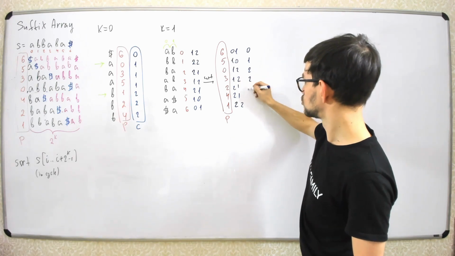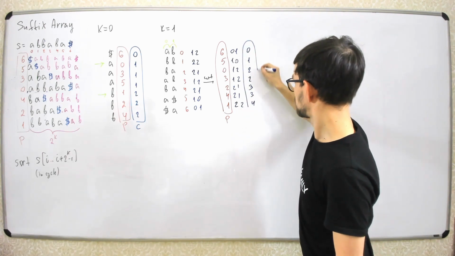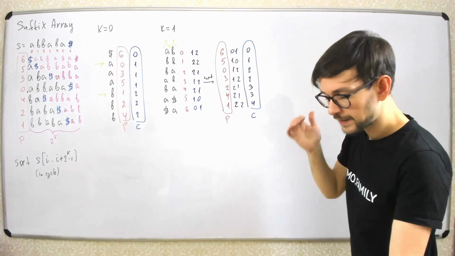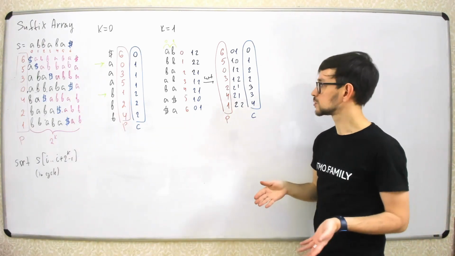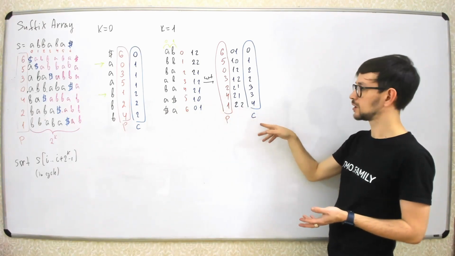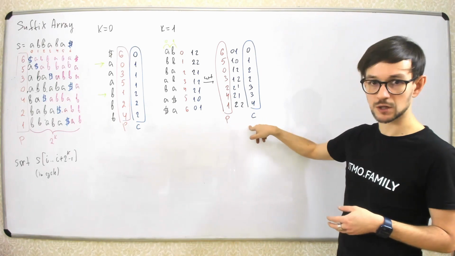These are equal 2, different, equal, different. So this will be the final array C. That's the end of phase 1. In phase 1, we build these arrays, sort them, and build array C. After the end of phase 1, we have these two arrays.